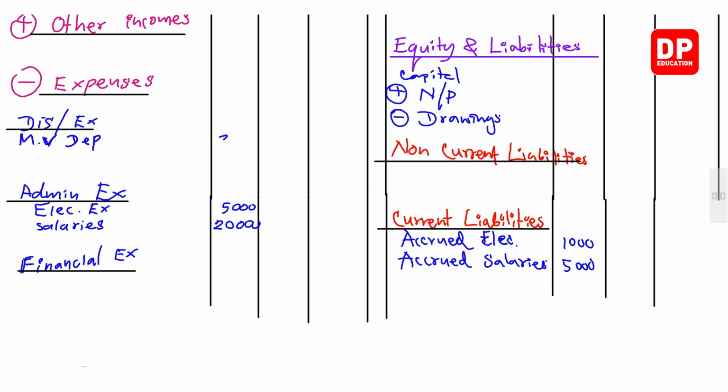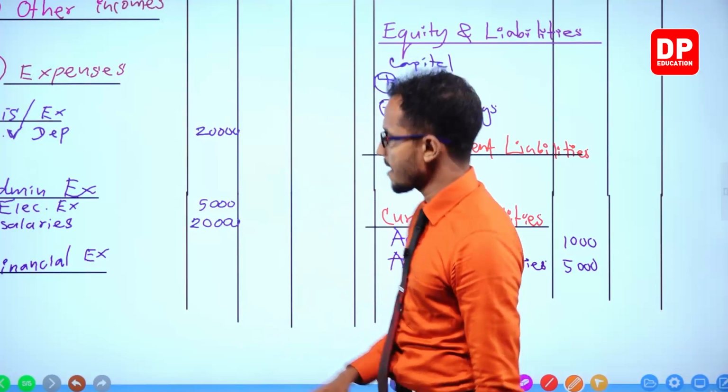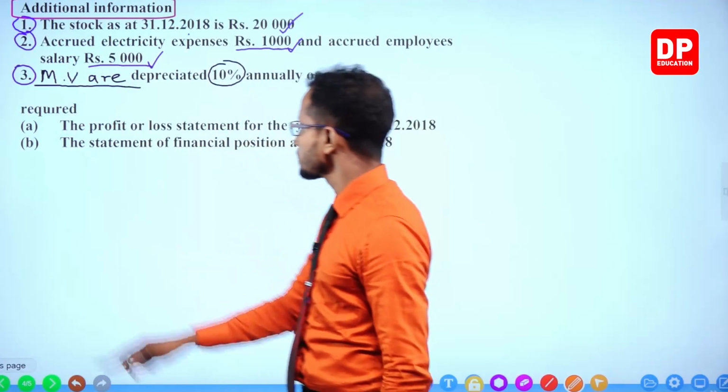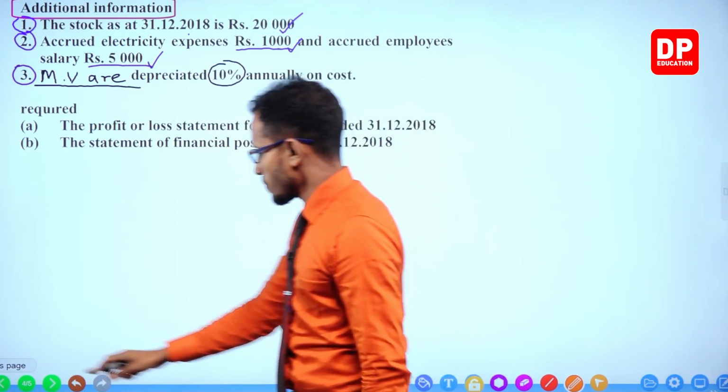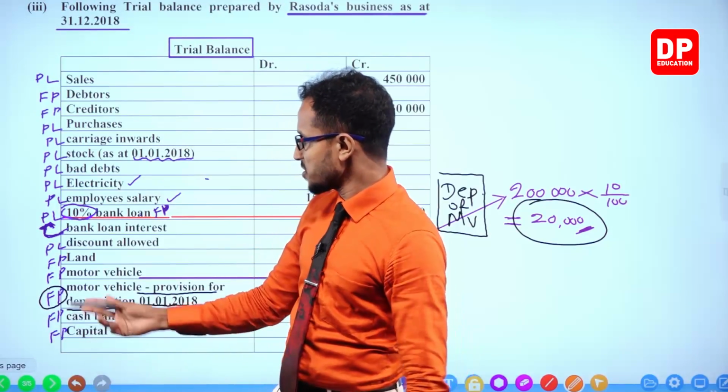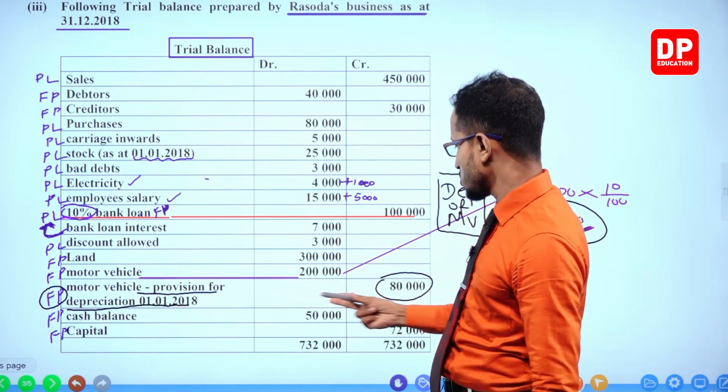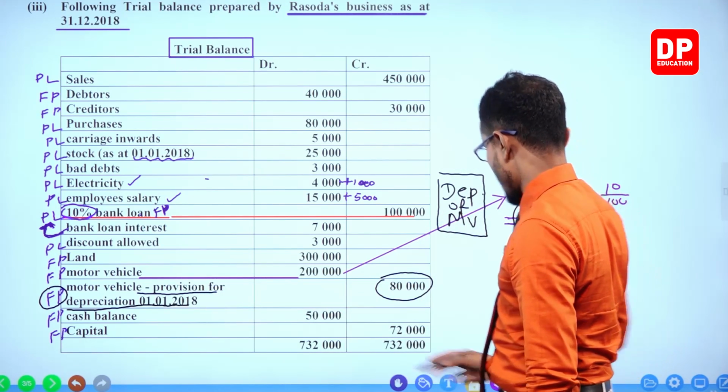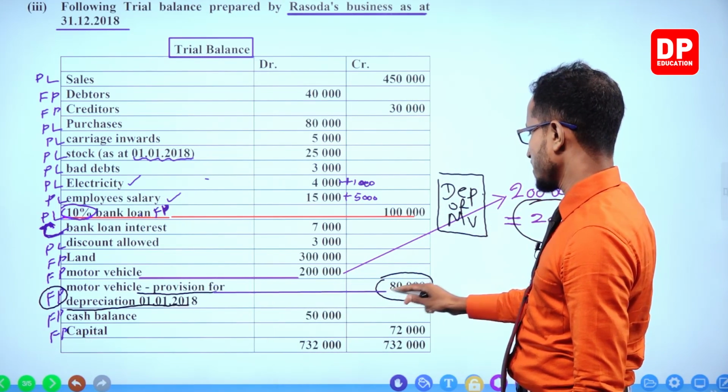How much? There was 20,000 which we calculated. Now, just like I showed you, the provision is 80,000 here.